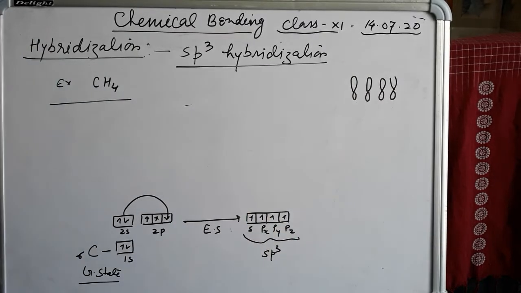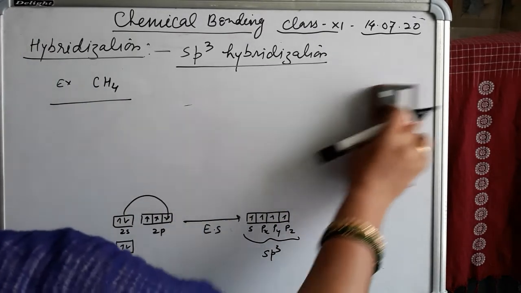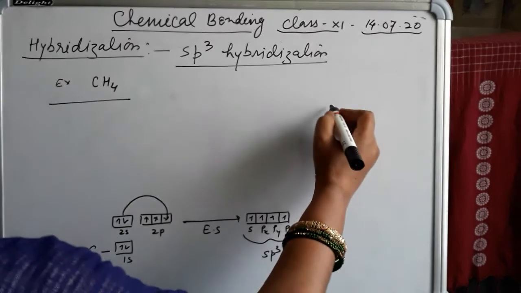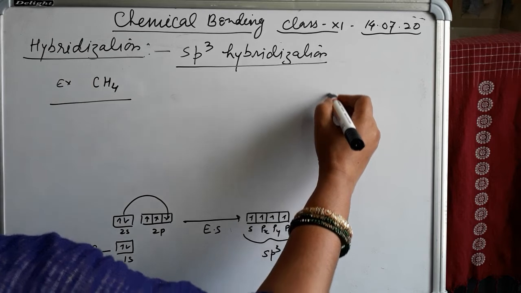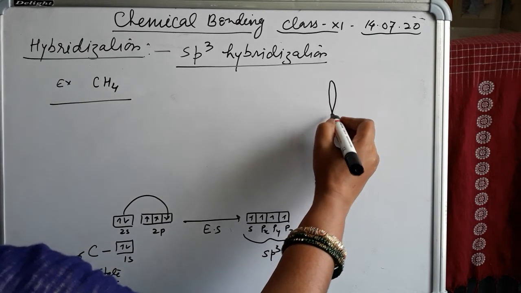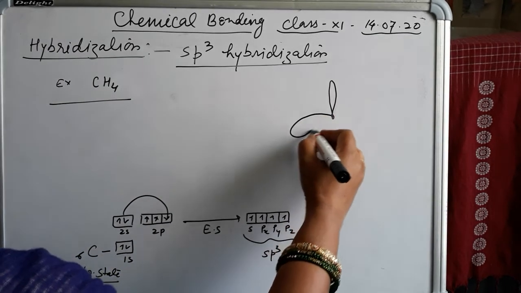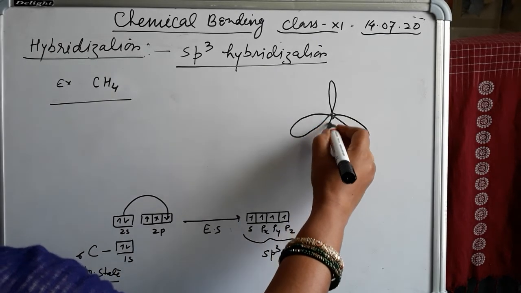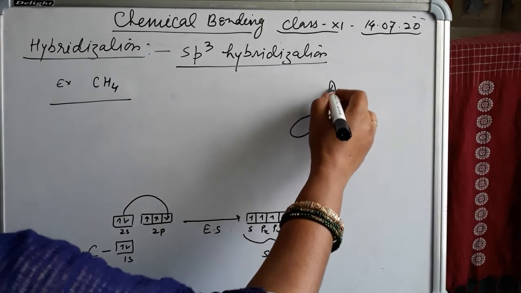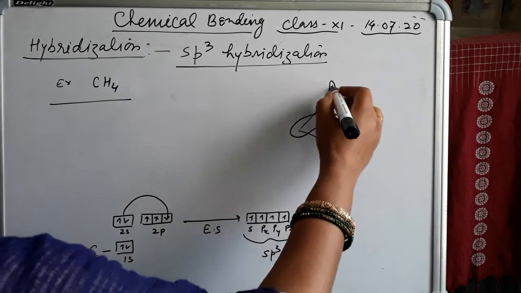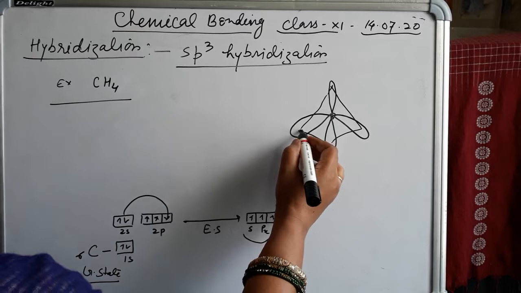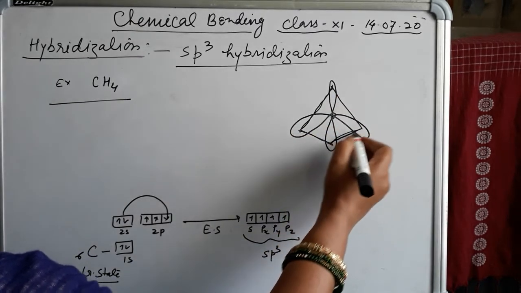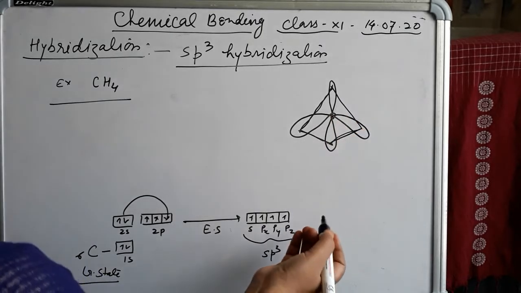So how do they arrange in space? Repulsion among them takes place minimally. So students, see here: 1, 2, 3 and 4. This type of arrangement takes place whenever the central element is sp3 hybridized.